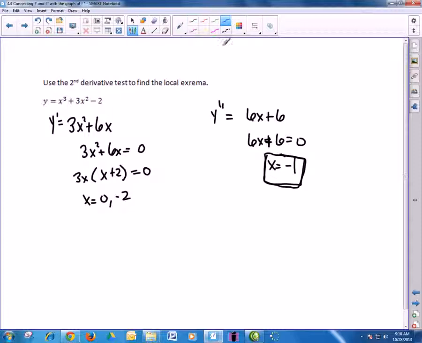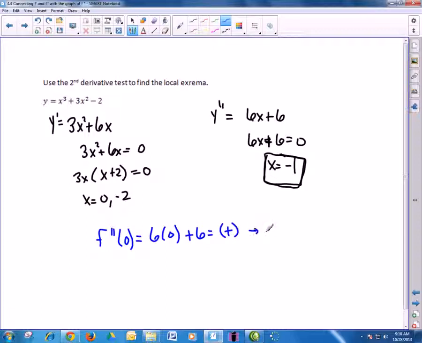So first of all, here's the second derivative. We plug your first critical point, which is 0, into your second derivative. You would get 6 times 0 plus 6, and we get a positive answer. Again, we don't care what the numerical answer is.